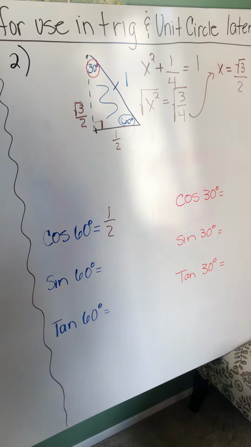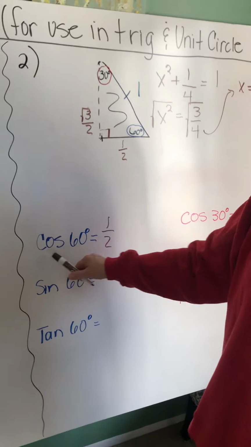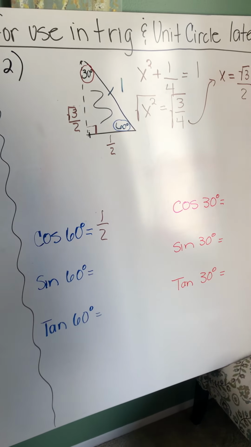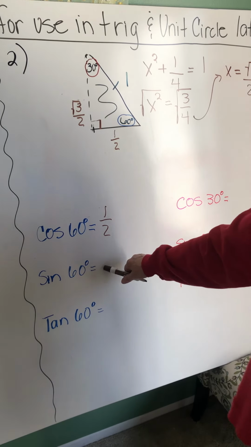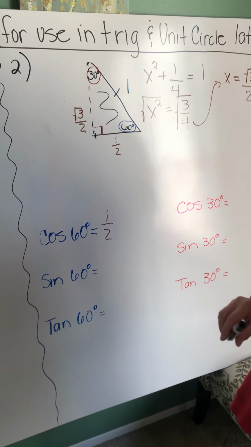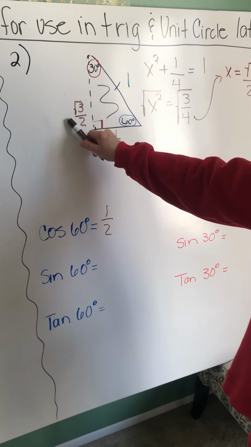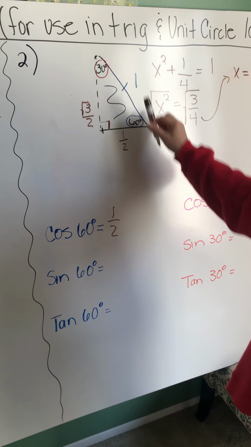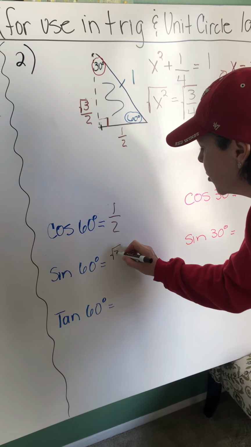Again, class, if in your calculator you put in cosine of 60 degrees, it would give you a 0.5. Let's look at sine of 60 degrees. Sine of 60 degrees would be the opposite side over the hypotenuse, which would be the square root of 3/2.